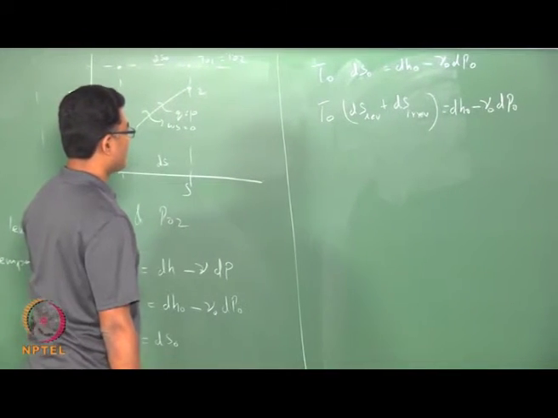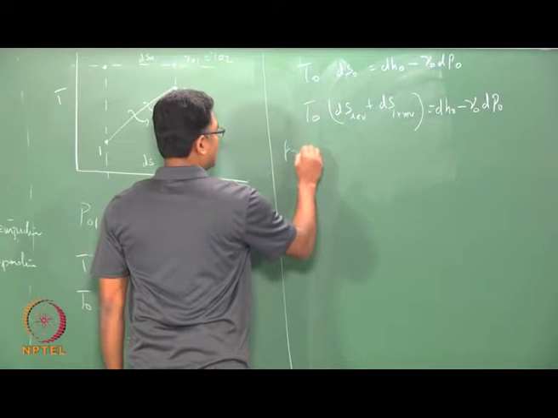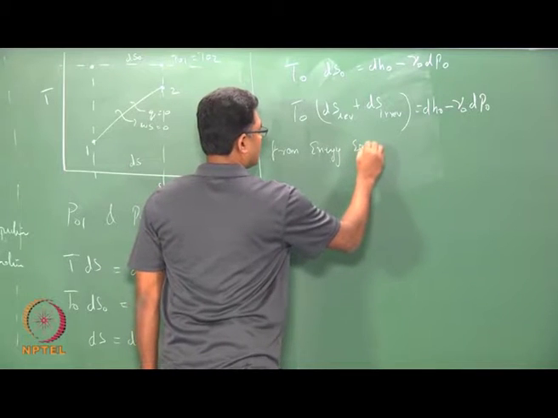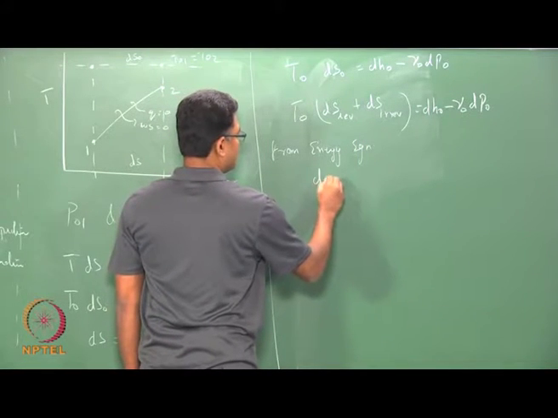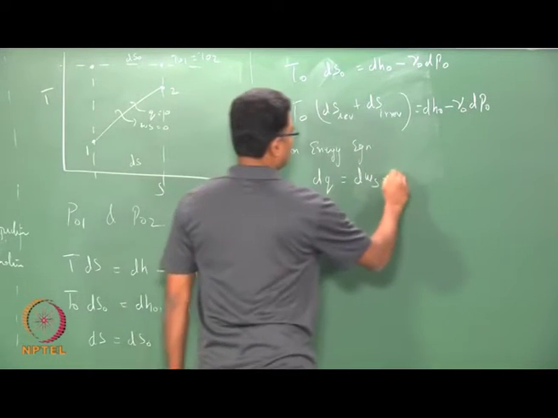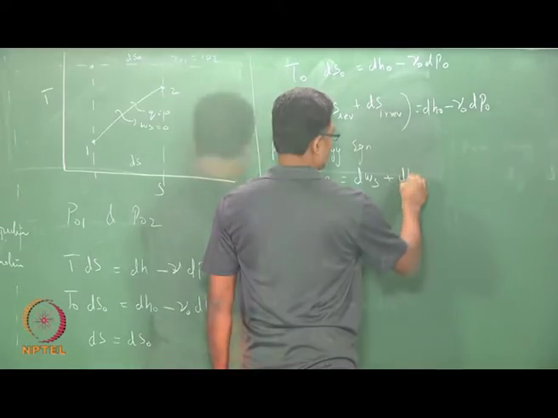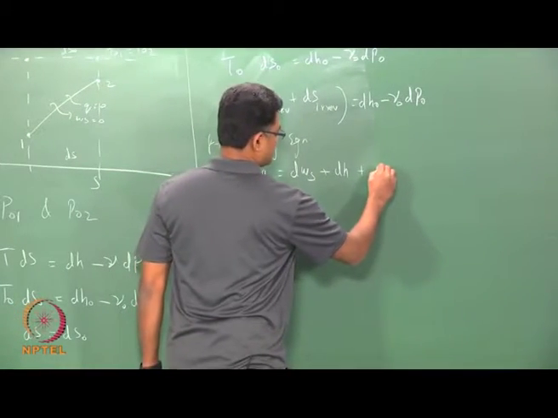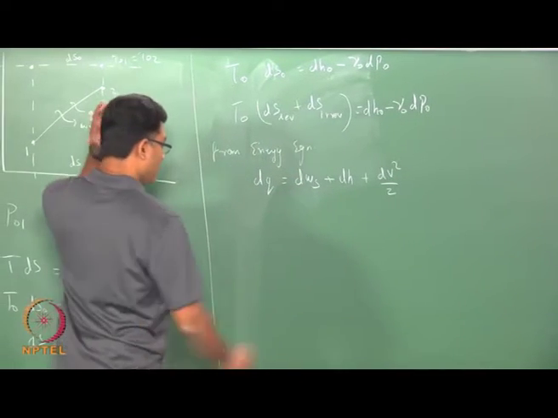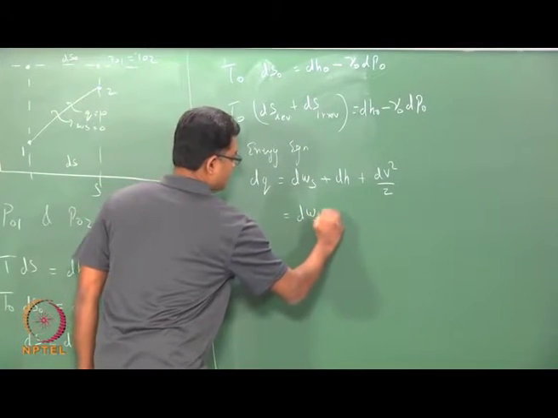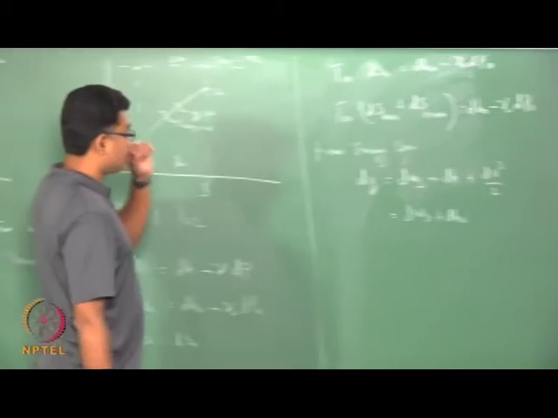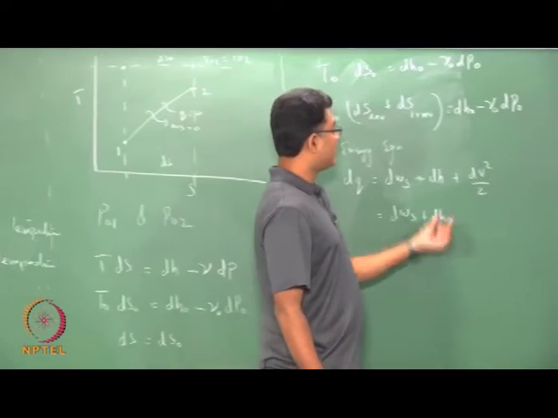From my energy equation, I have dq equals dws plus dh plus d(v square by 2). Or I can write this as dws plus dh0. Now I substitute this quantity here.